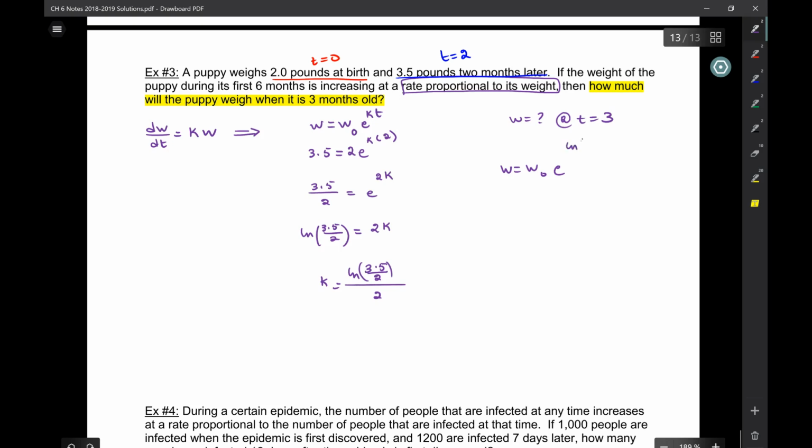K is that mess of a number here. So W is equal to W naught, which is 2, e to the ln of 3.5 over 2, all over 2, times 3. T is 3.